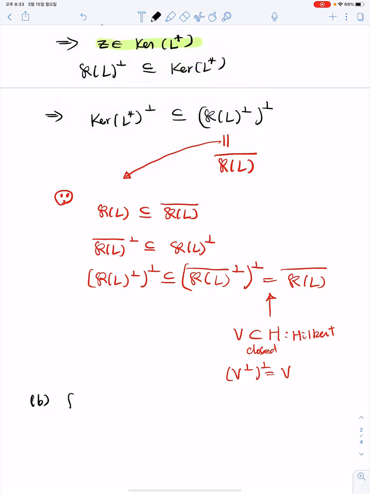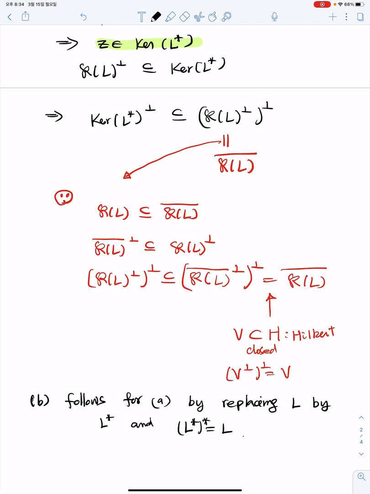B follows from A by replacing L by L star, and the adjoint of L star would be L. So using this fact, we can prove it easily.